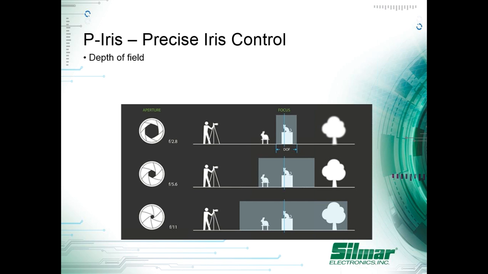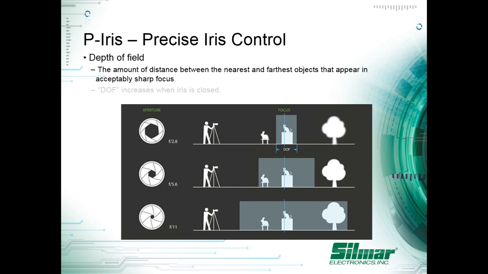The first is P-Iris, or precise iris control. P-Iris controls the depth of field of the scene. Depth of field is pretty much what's in sharp focus depending on how open or closed the aperture of the lens is. In the first example, you'll see that with the aperture wide open, at f-stop 2.8, the only thing in sharp focus is the middle of the scene, the cat sitting on a box.